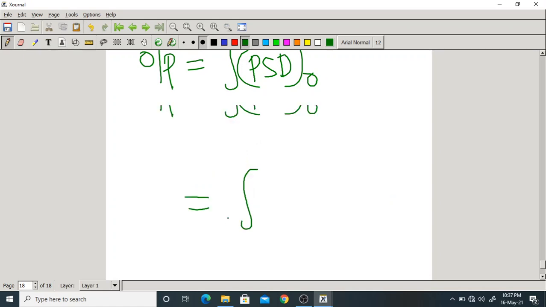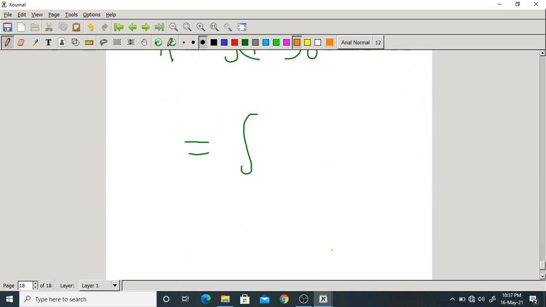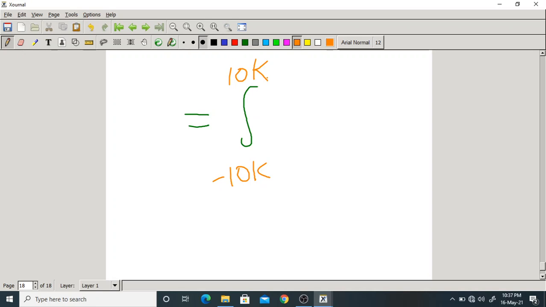So what are the limits of this integration? It is because of this low pass filter. Now the limits of this integration are from minus 10k to plus 10k. That's it. Not all frequencies. So integral from minus 10k to 10k of 10 power minus 6 into omega square into df.